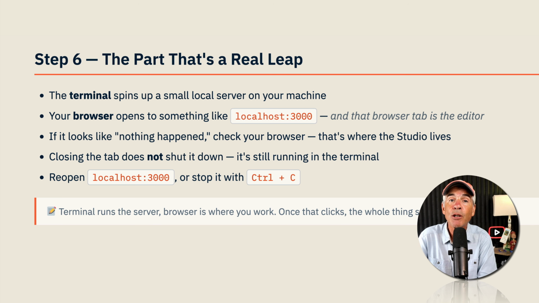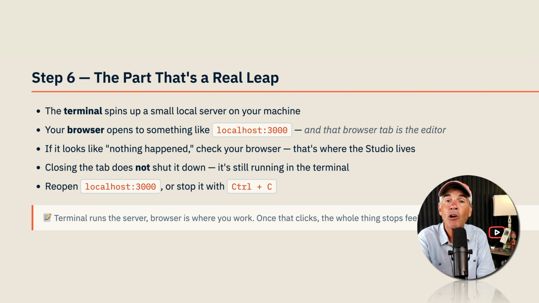And if you ever need to reopen the studio, you can always run the npm run dev, or you can just type in localhost 3000 in the browser, tap return, and that's going to open up the Remotion Studio. It is the terminal that is running the local server. And then the browser opens up to that localhost 3000. And the browser tab is the editor. That is the Remotion Studio where you work.